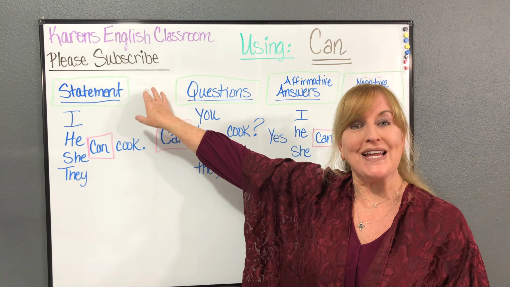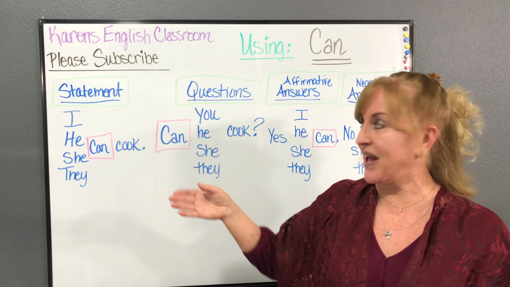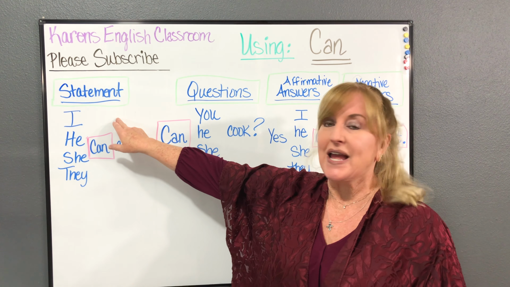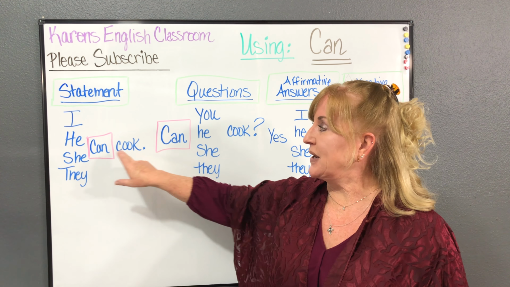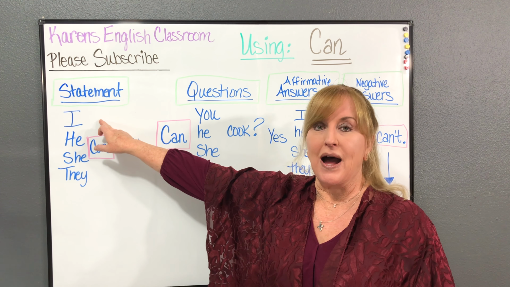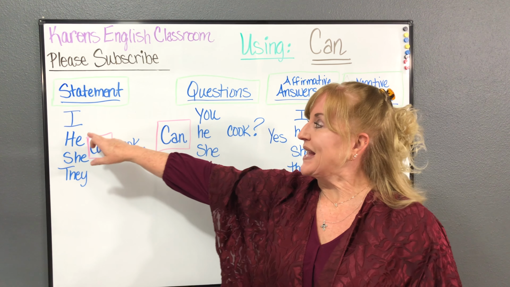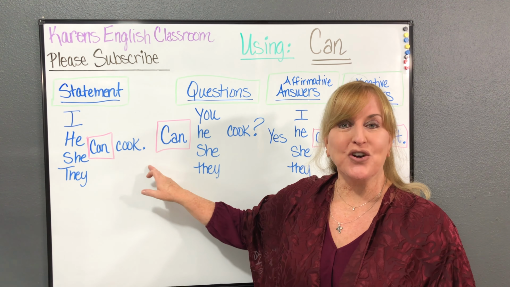So if I do a statement, which is the same as just a regular sentence, we're going to say, I can cook. Okay, so repeat after me. I can cook. He can cook.